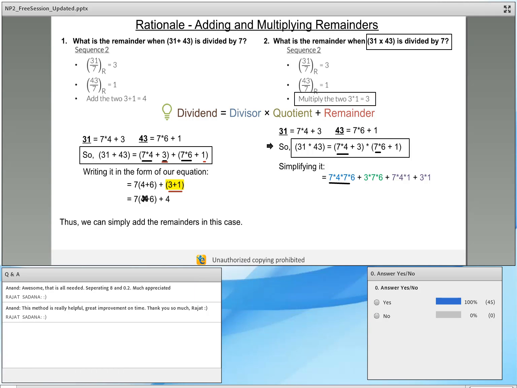Then you get 7 times 4 times 1, which is this. And then in the end, you get 3 times 1. Now, I'm going to ask a yes no poll. This may not look simple, but this is a simplification, and can you guys understand this simplification?